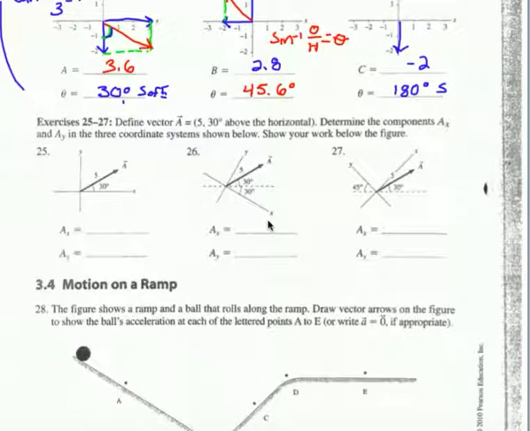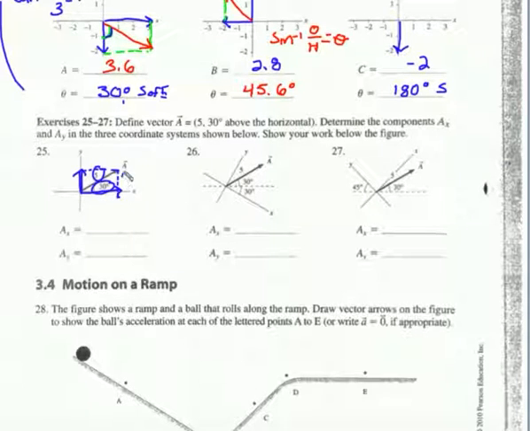Okay, so again, we're given a vector and its magnitude, and we're given an angle, and we need to find the magnitude of its x and y components. So this vector, just like in 16 through 18, will have a y component and an x component.